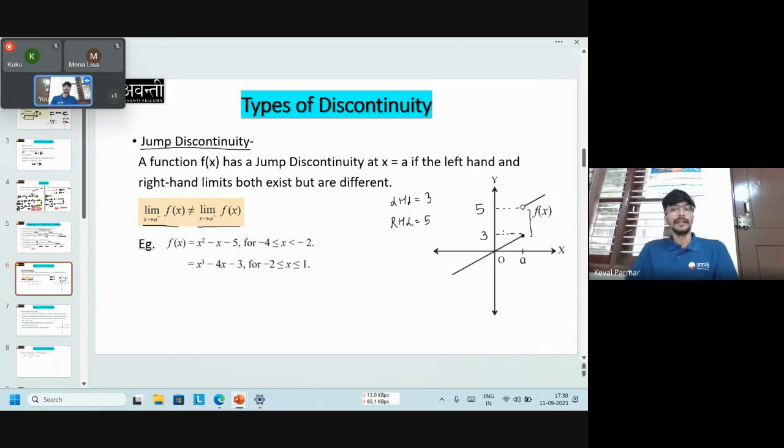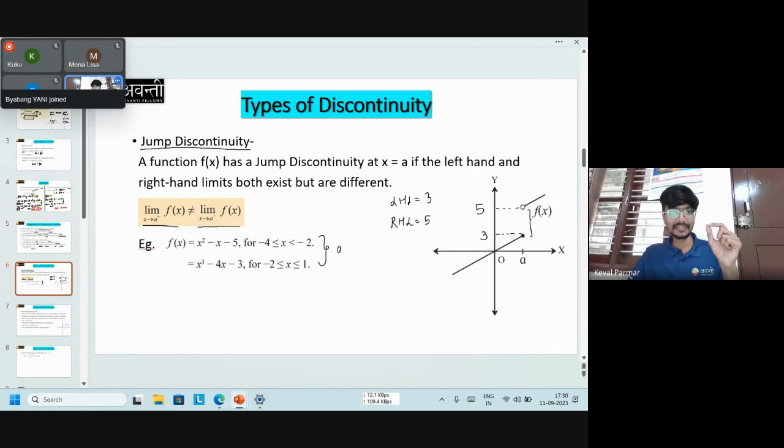Again, the mathematical way is to just calculate the left hand limit and right hand limit. Here is a very simple example. f of x is given with two definitions, for -4 to -2 and -2 to 1, and we have to check at x equals -2. The left hand limit means limit x tends to -2 minus of f of x.